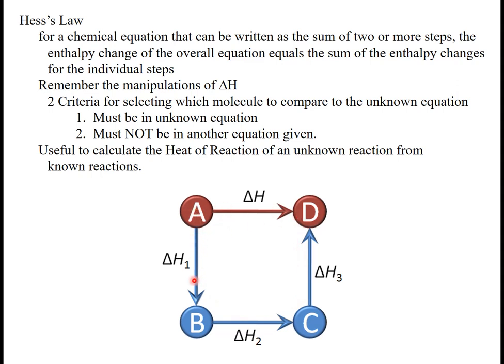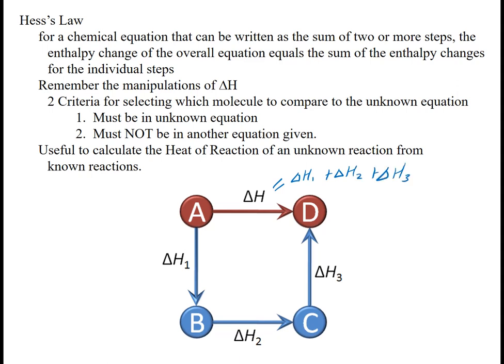If I take A to B, and it has a delta H of 1, and then B to C, and it has a delta H of 2, and C to D, and it has a delta H of 3, then this delta H up here is the sum of delta H1 plus delta H2 plus delta H3.